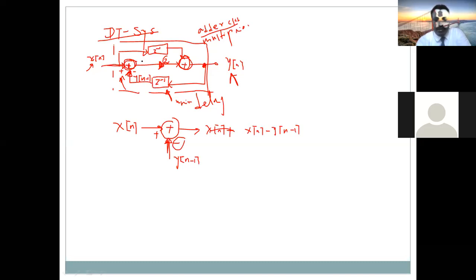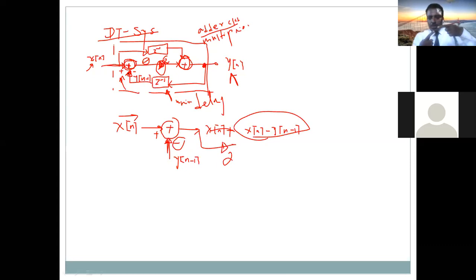Then this signal is multiplied by 2. Here is a multiplier. After adding these two signals, we multiply the whole signal by 2. What will be the signal? One signal comes from our input, another signal comes from the output side delayed by 1, the feedback.